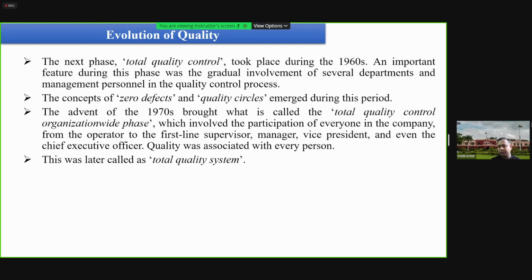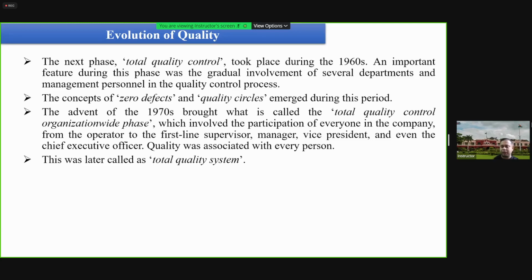And for that, the contribution of these quality gurus was also important. Some people argued that quality is controlled at the bottom end of the organization, where we are talking about the workers who are producing and handling the products, and their supervisors and the quality control inspectors. But a few quality gurus argued that the problem is not at the bottom level only, it starts from the top level.